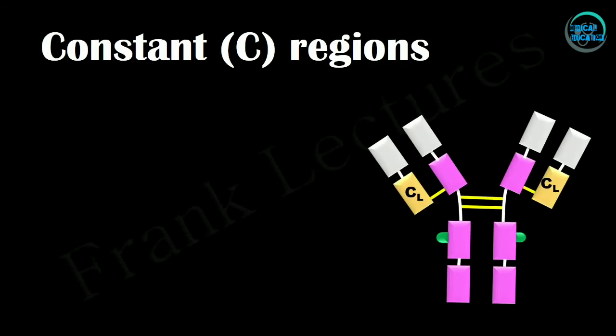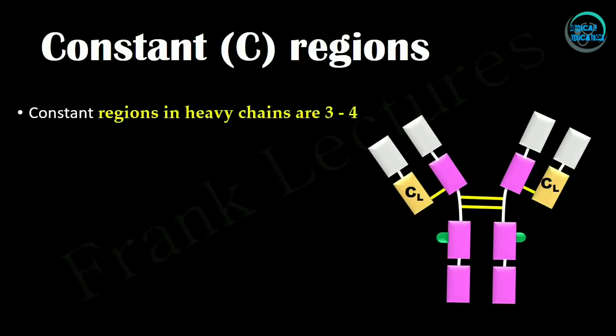Constant regions in heavy chains vary from 3 to 4. This depends on the antibody class, and it is the constant region of heavy chain which forms the basis of this antibody classification. In a particular class of antibody, all antibodies have almost same constant region, but constant region of one antibody class is different from another class.